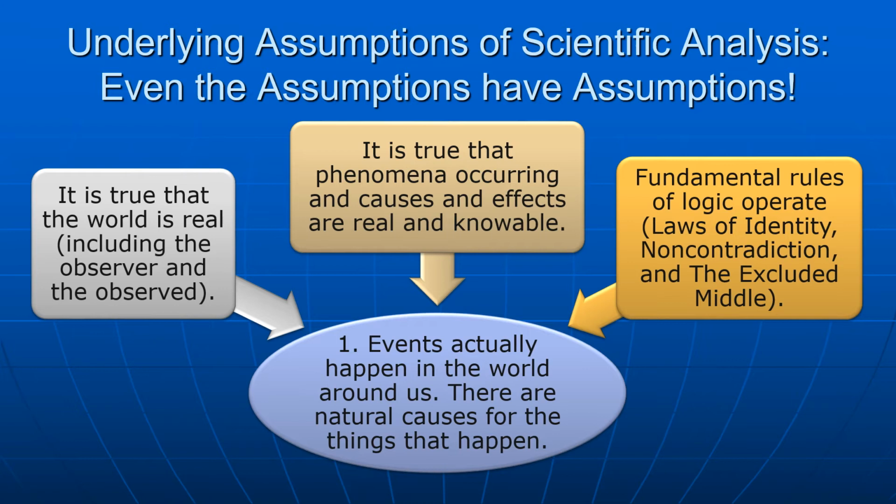Now, I don't really have the time to go into these laws of logic, but I encourage you to take some time and research these and to understand how important they are to systematic scientific thinking. Understanding these will help you to become more logical and more consistent in the way that you operate. So this assumption, events actually happen in the real world and have natural causes, has underneath it a structure of ideas that make that plausible.